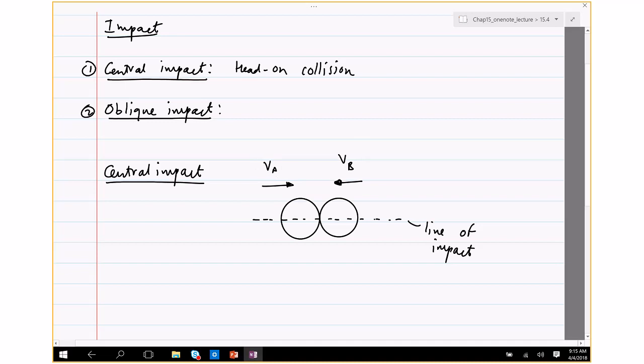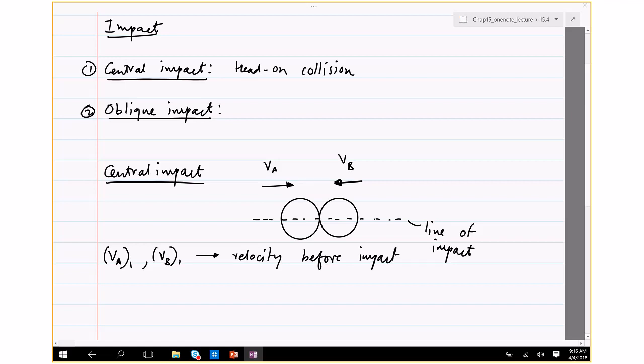Okay. So typically, what you might expect in such a problem is you know the velocity of the two masses before impact. Let's call them VA1, VB1, the velocity before impact.